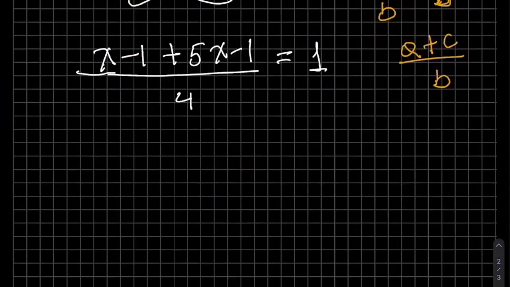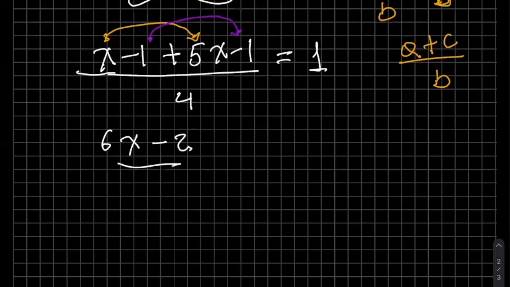We add the like terms, so we have x with 5x, and then we add negative 1 with negative 1. x and 5x will be 6x, and negative 1 added to another negative 1 will become negative 2. 6x minus 2 over 4 is equal to 1.